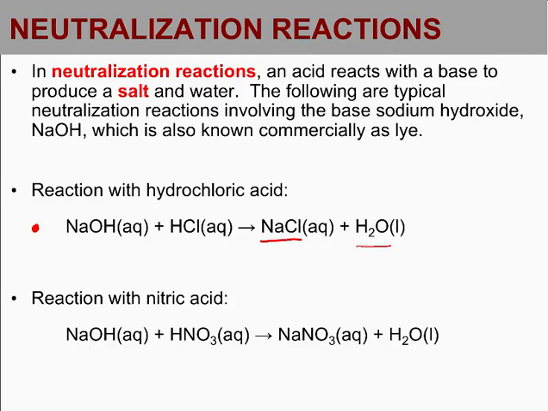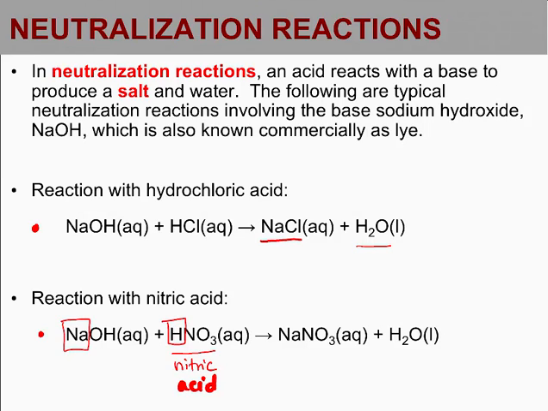So let's switch out hydrochloric acid for nitric acid. So a very similar reaction occurs. It's a double replacement reaction. So sodium and hydrogen are going to switch places. But instead of sodium chloride, we have a different ion attached to the hydrogen.